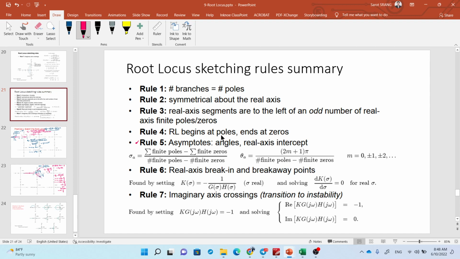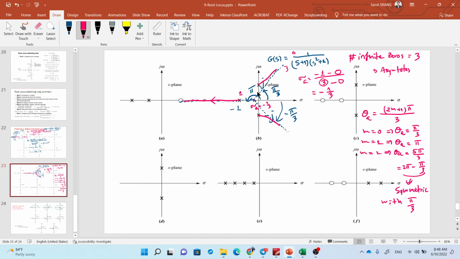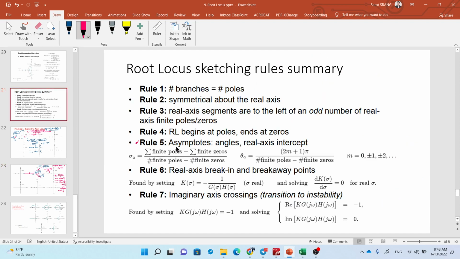Begin at poles and end at zeros. So we have this direction and this one ends at zero, but the zero is at infinity, so it goes in that direction. So it validates rule number four. And rule number five, we just got it from this rule. And breakaway points we need to find.